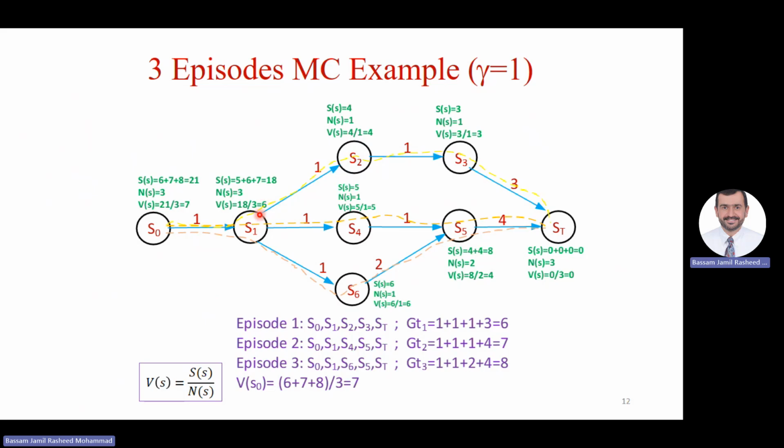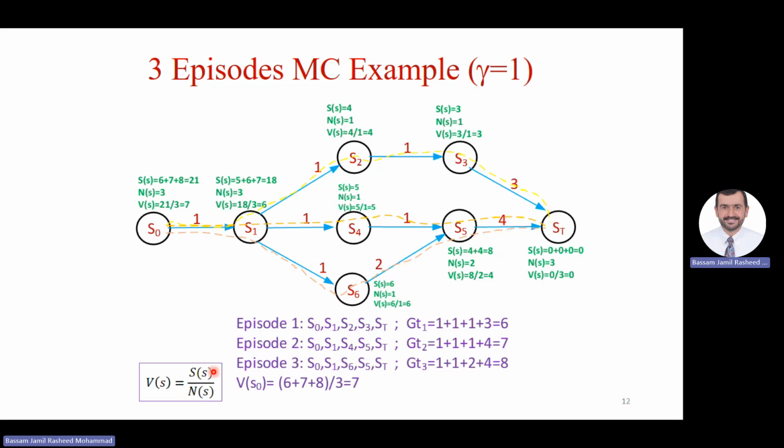Similarly, S1 has accumulated reward of 1 plus 1, that is 2, plus 3, that is 5. You can see this is the 5 right here. And S0 in this episode accumulated reward 1 plus 1 plus 1 plus 3, which is 6, and we can see this is 6. And for the number of times we visited states in this episode, episode 1, we visited each of S0, S1, S2 and S3 once.